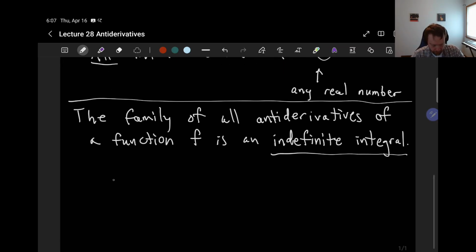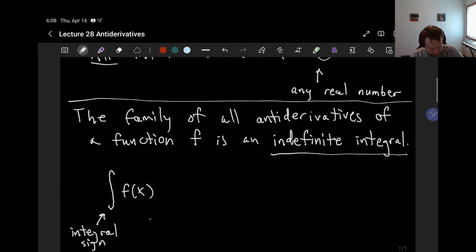So here's what they look like. You have this big S-looking thing, which we call an integral sign. Means you're taking an integral of a function f of x. So the function you're integrating, we're finding the antiderivatives of, we call the integrand.